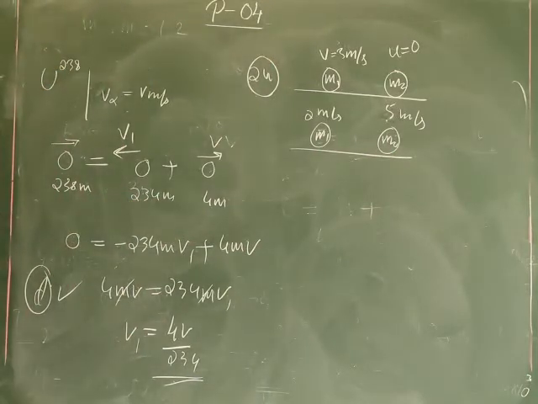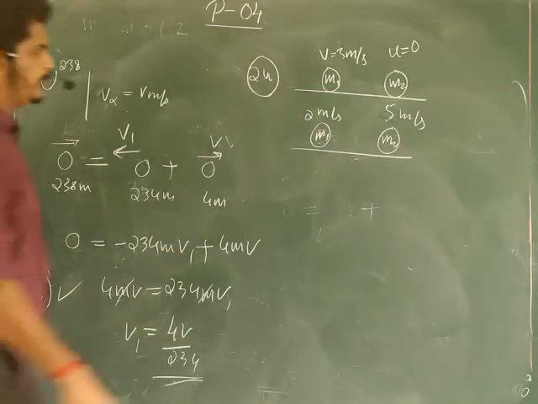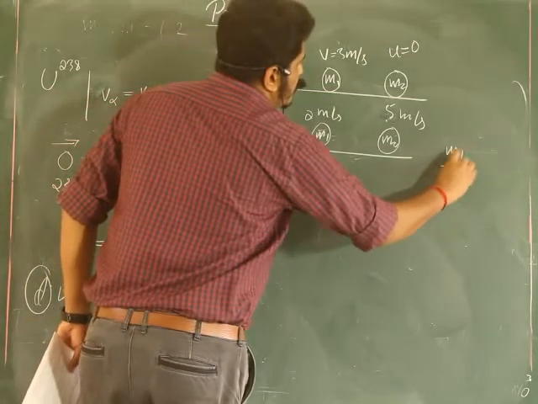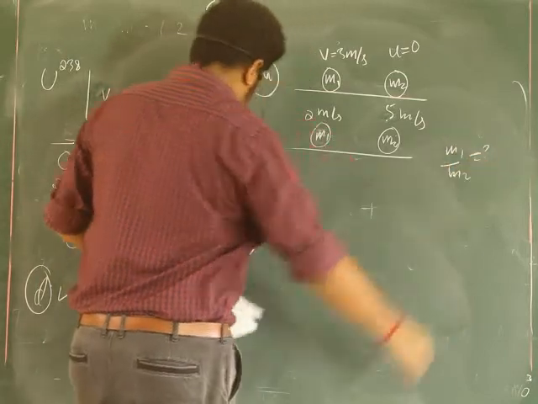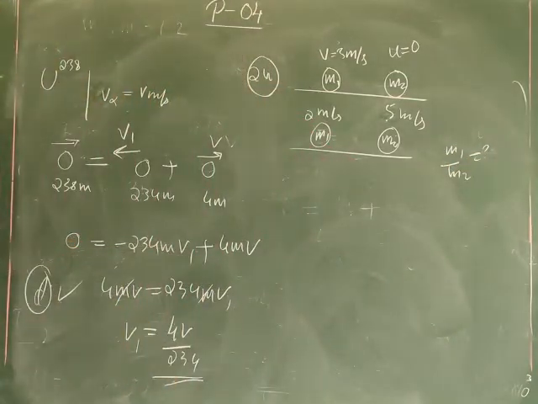This question is about elastic and inelastic collisions, the concept of conservation of momentum, that's why we are discussing this. So the ratio m1 by m2 is what you are supposed to find out. That is the 24th question.